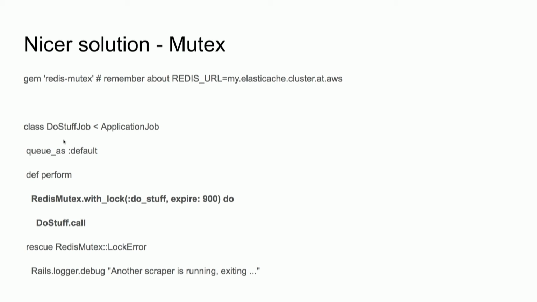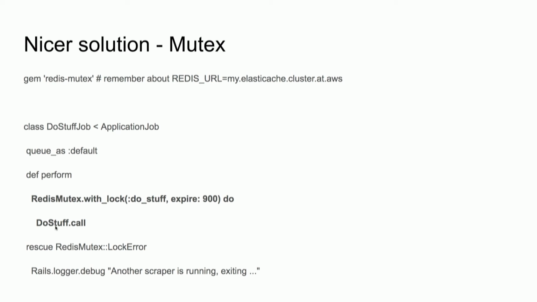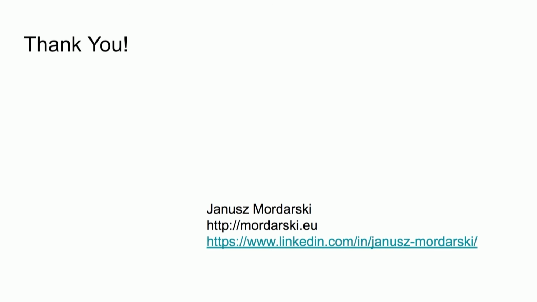And in your jobs, whatever it is, whether it's triggered by some AMQP, SQS messages, or a cron, you just need to wrap the code that can be in conflict with the code on other servers with this Redis mutex lock. You can just put some expiration, like how long this lock will need to live, and it will work. It will basically kill this job on all other servers except for the one that wins. That's all. Thank you.